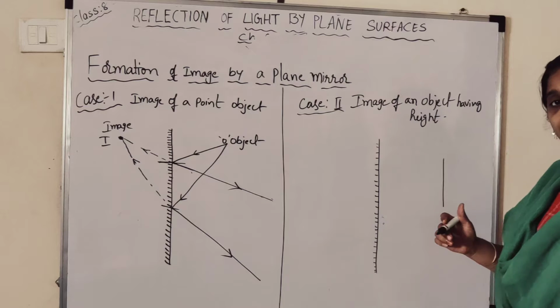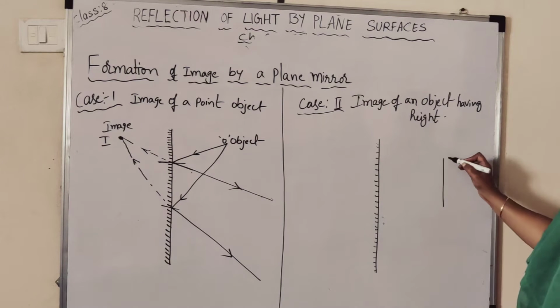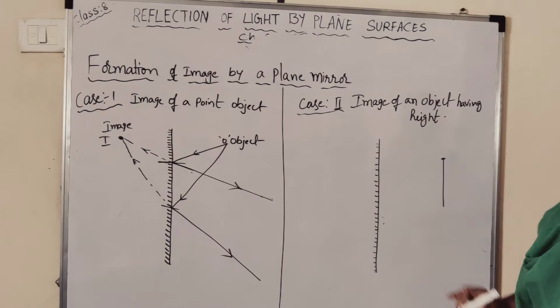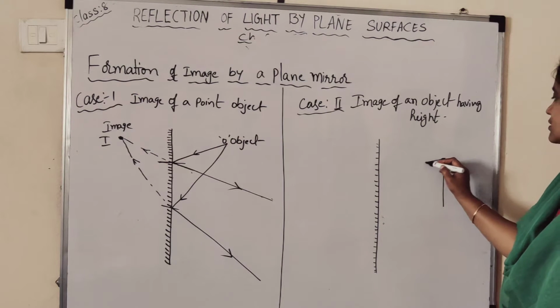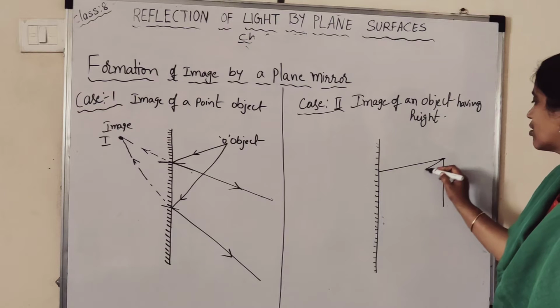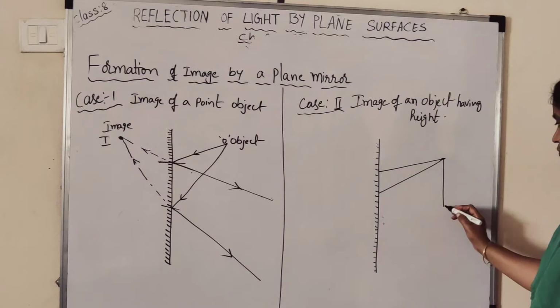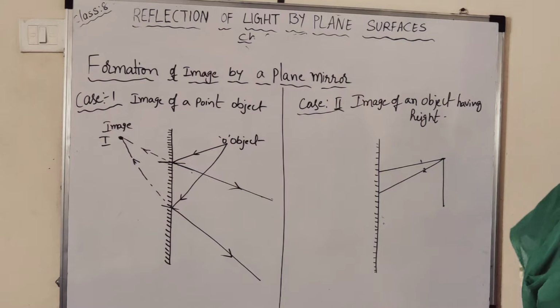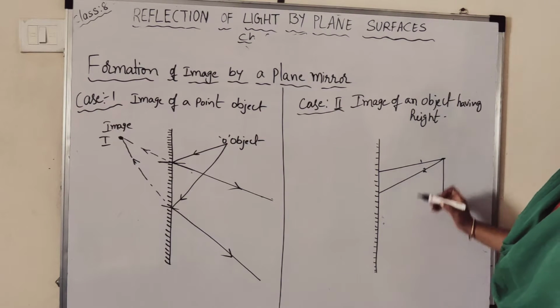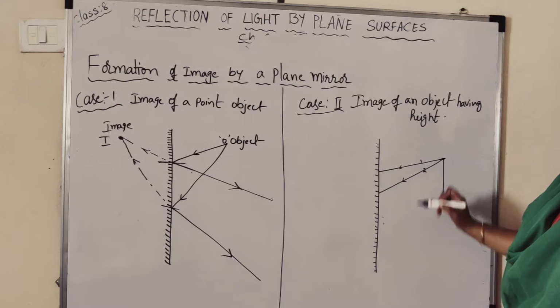For this, we have to learn the ray diagram. From the top end of this object, two rays are falling on the mirror. Here I will represent them with 1 and 2 without any confusion. These are the incident rays.